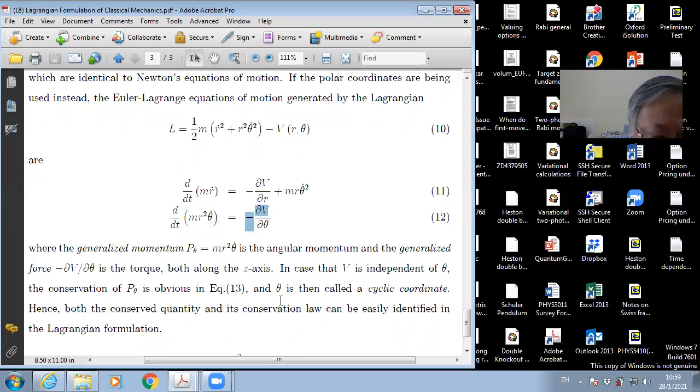We can easily see that the presence of a cyclic coordinate, or the vanishing right-hand side of equation 12, ensures that there exists a conserved quantity, p theta, all right?